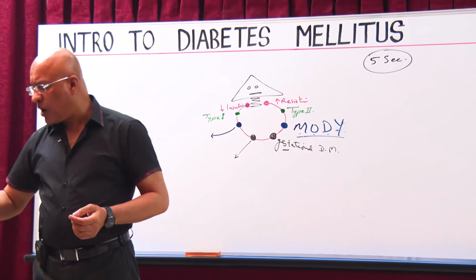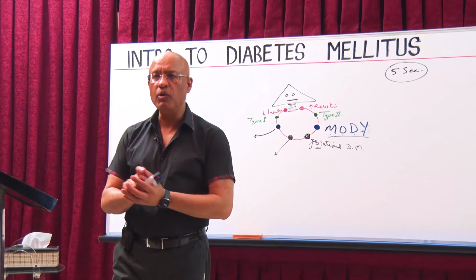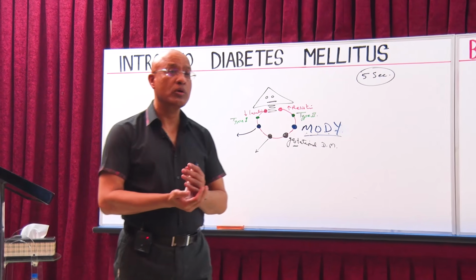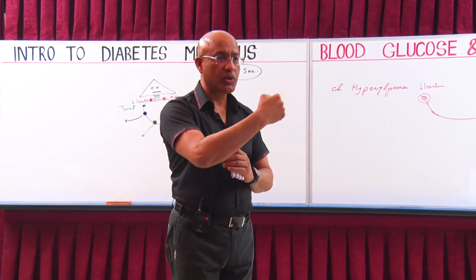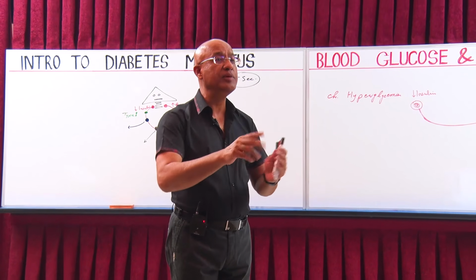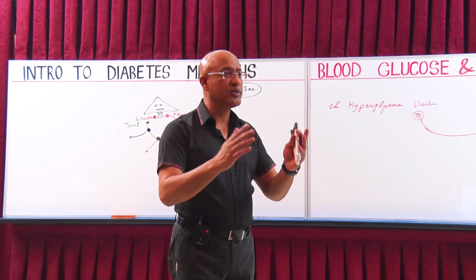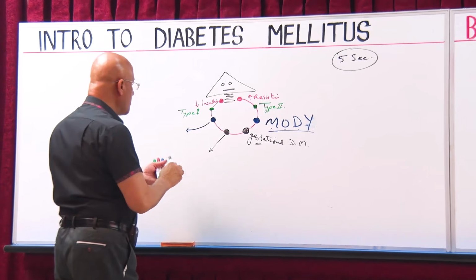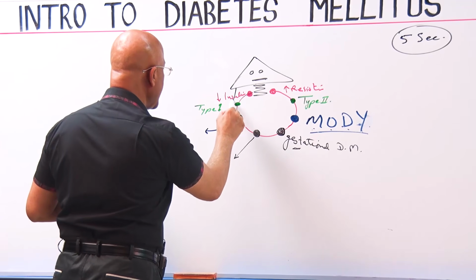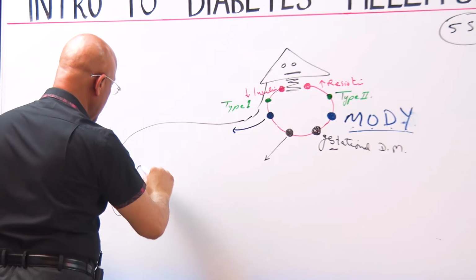Now, how does diabetes kill? Due to its dangerous complications, right? As I told you, our first lecture is not diabetes in detail. I will talk in detail later, but let's talk about this monster and this monster's complications.